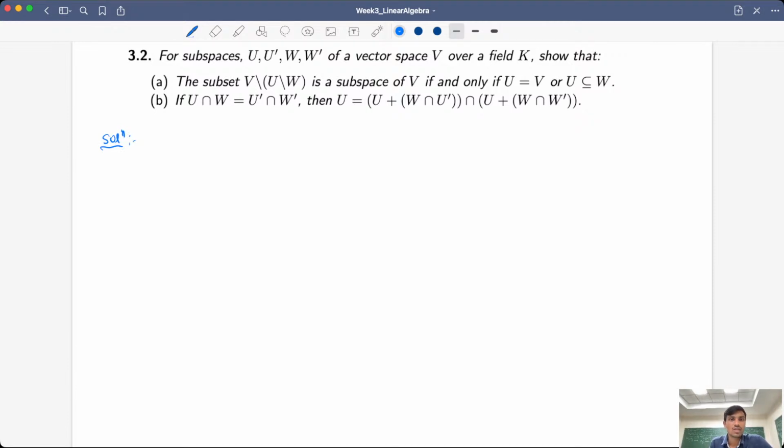So this U and W are subspaces, so I have to use somehow their property of U and W being subspaces. So first of all, assume that this is a subspace, V minus U minus W is a subspace. So I need to show that either of these conditions is satisfied.